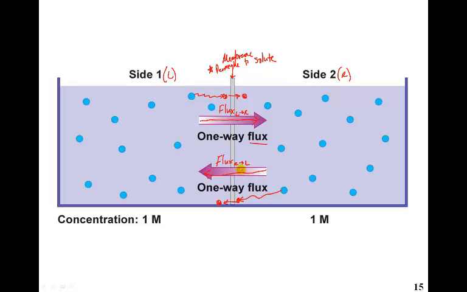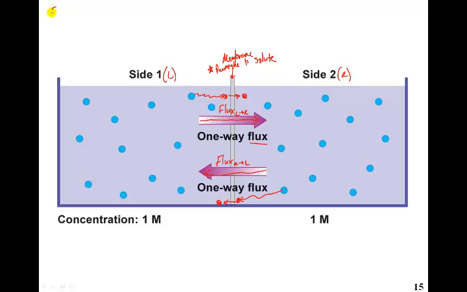And then what we want to ask is, what's the transport happening in this case? And actually, to know the answer to that, we have to ask the question about the concentration of solute on the left and the right. The situation we're looking at here is the one we're going to start with first.